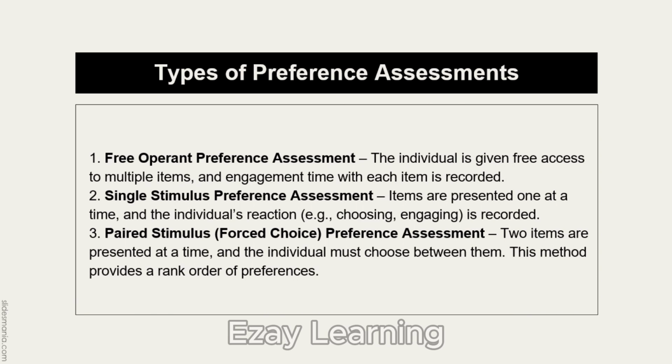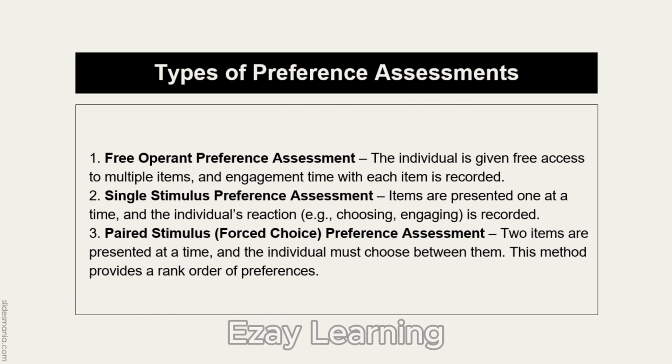The client would have free access to multiple items. He can use any toy, do any activity, and you will simply be calculating the engagement time of each of them. So that is free operant, free access. This is more of an observation based assessment.